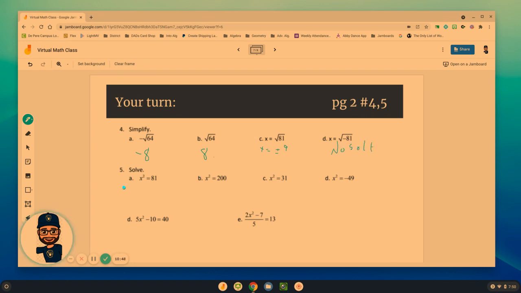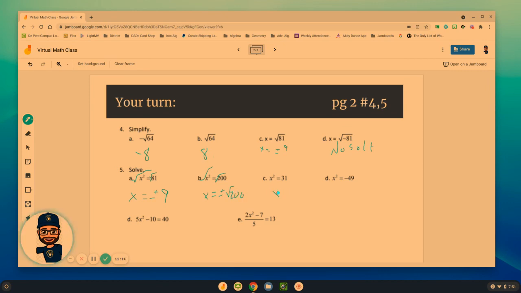If we jump down to number 5, where we are trying to solve, this is where we are taking the square root of both sides, which yields x equals plus or minus 9, because the square root of 81 is 9. Or if we take the square root of 200, we're just going to say that x equals the plus or minus square root of 200.